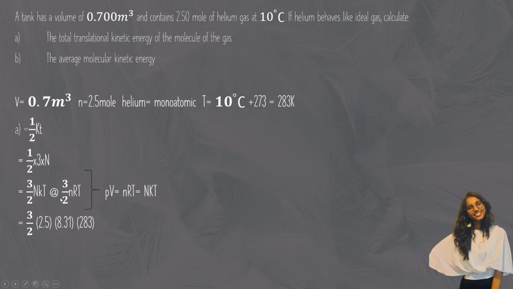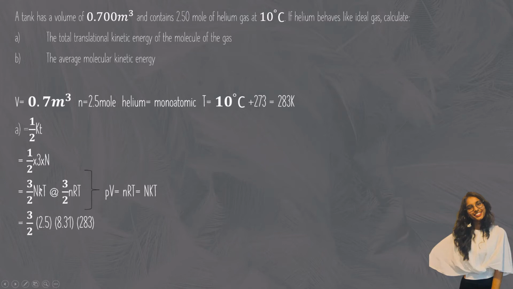But do we have total molecules, which is capital N, from the question? No. So we use the number of moles, which refers to small n. So nkT is also equal to nRT because both are the same, since we are using the PV equation. So PV equals nRT or NkT.